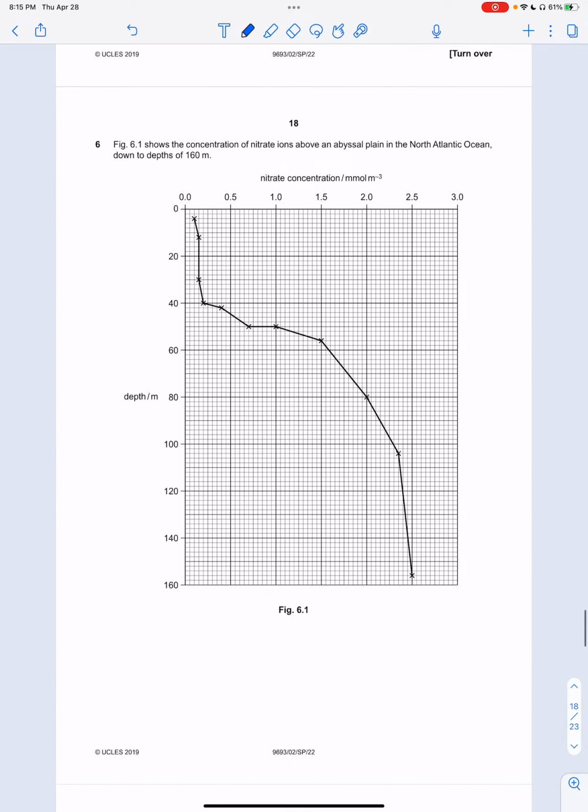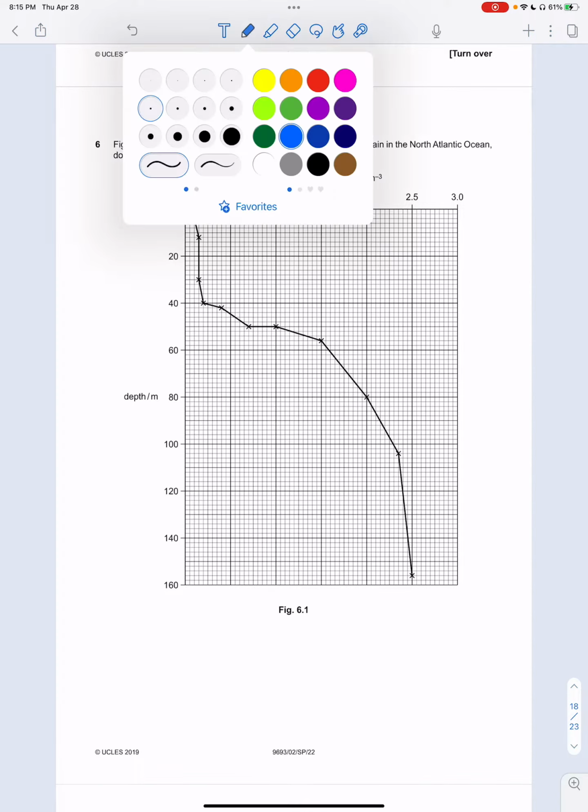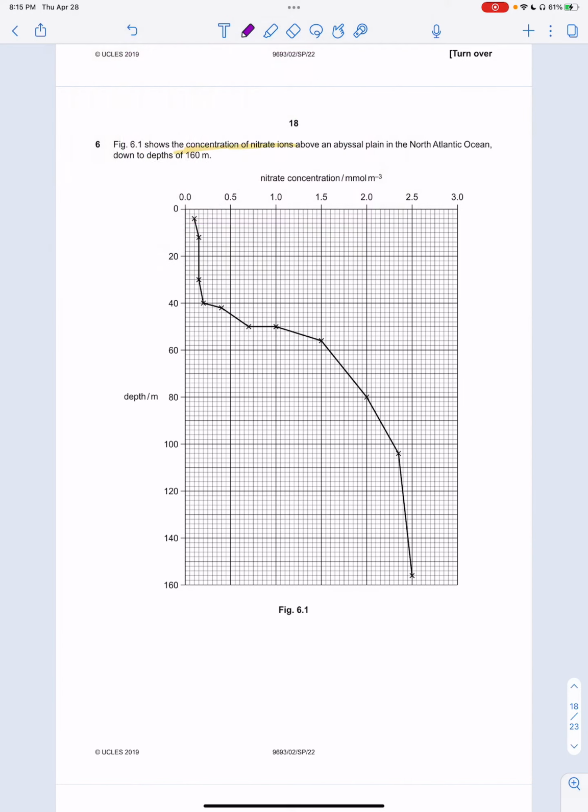All right. Figure 6.1 shows the amount, I hate saying concentration, but yeah, the amount of nitrate ions. I'm going to stop right there. Why do we need nitrate? We need it for DNA, RNA. I don't even know if they're going to ask what it is for, but I don't care. I'm just going to say it anyways.